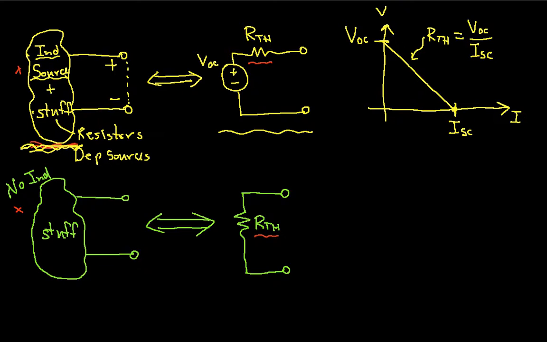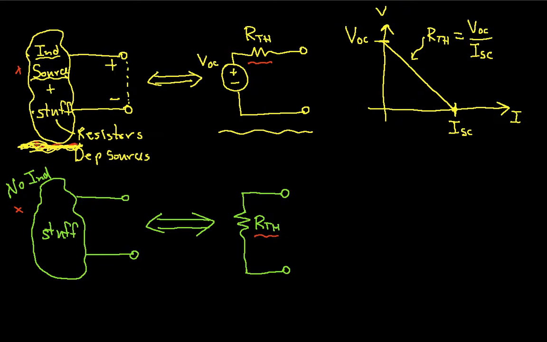Another way to do it would be to set all of the sources inside this blob of stuff equal to 0, actually all of the independent sources, and then just find an equivalent resistance. You can only do that if, when you've set all the independent sources to 0, you have no dependent sources.